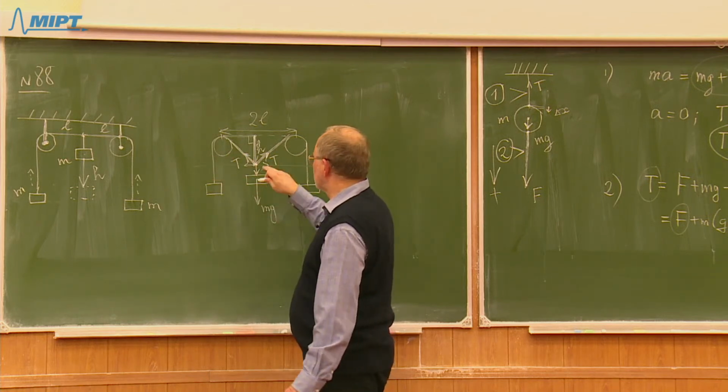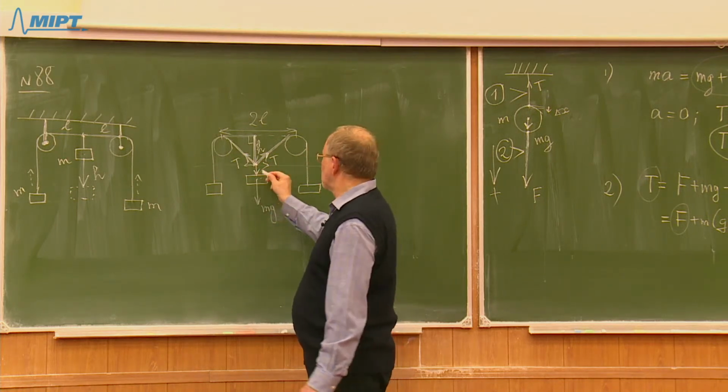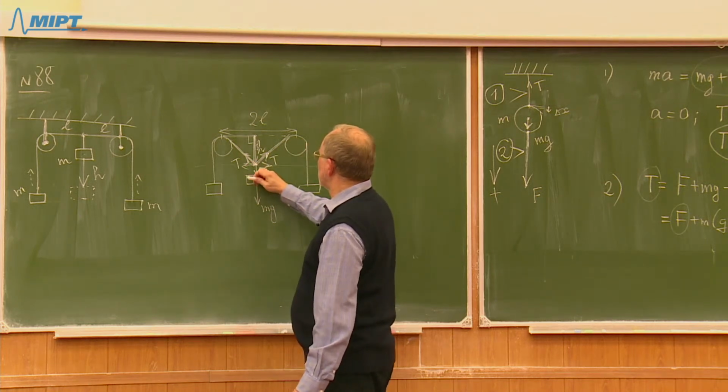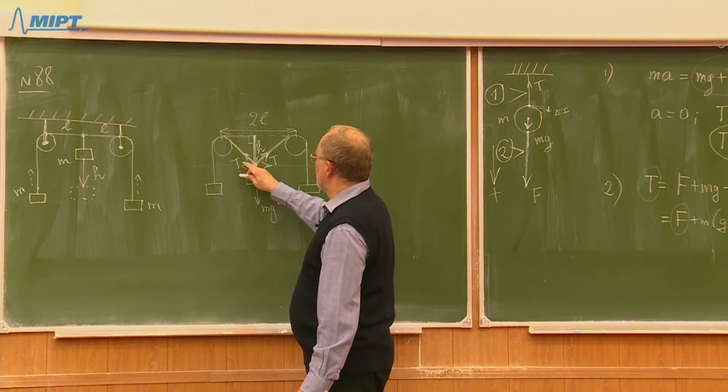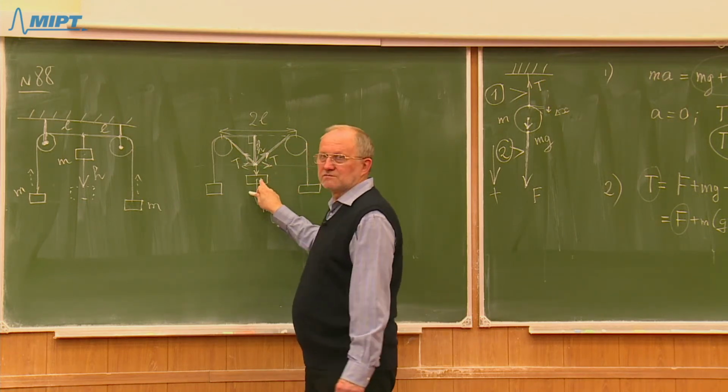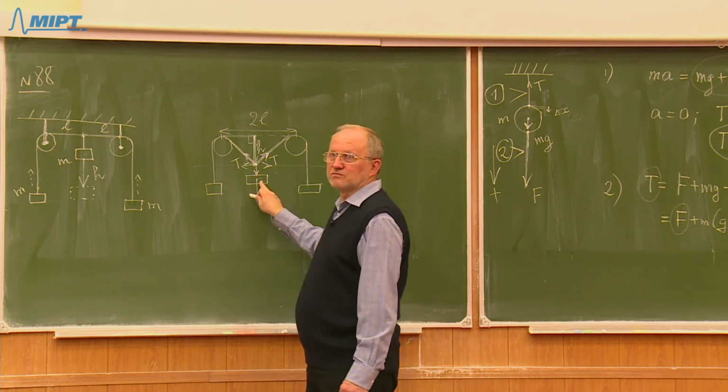According to the statement of the problem, this body is at rest. So these two horizontal components of the forces of tension must be equal so that the body doesn't move.